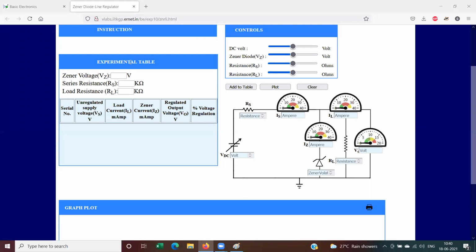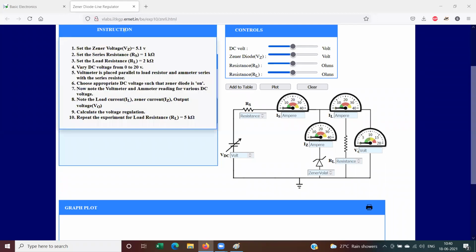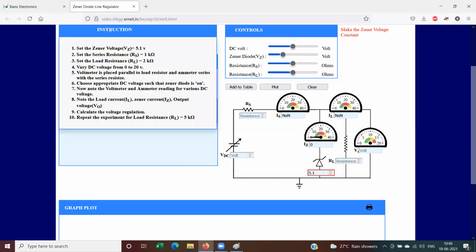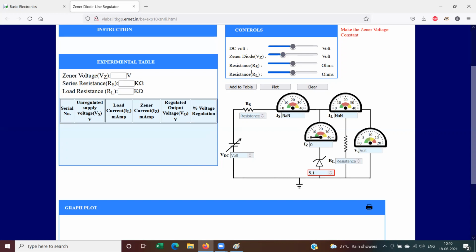So first, let's go to the instructions. Set the Zener voltage to 5.1 volt. Zener voltage is controlled through this. So we have to set it to 5.1 volt. Done. Second, set the RS to 1 kilo ohm. We have to set it once and we should not change it anymore.